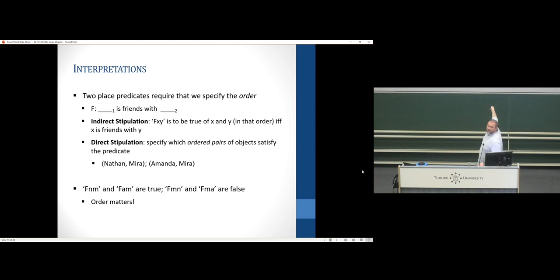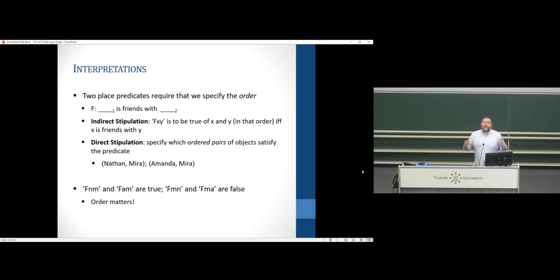These ordered pairs are in the extension. But Fmn and Fma are false because we don't have the pair in the other direction. Mira is not friends with us, even though we're friends with her, because she's grumpy. That's basically the idea.